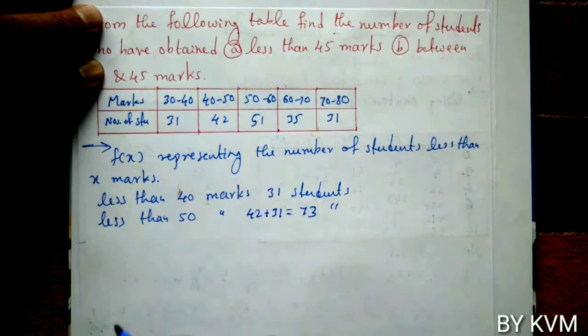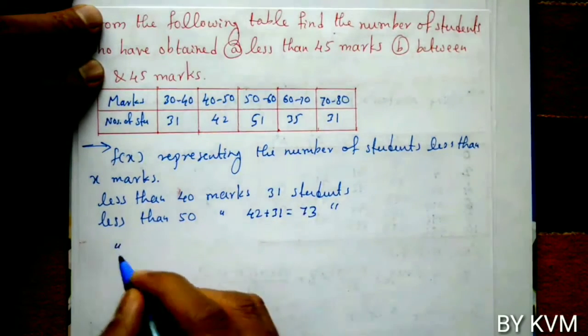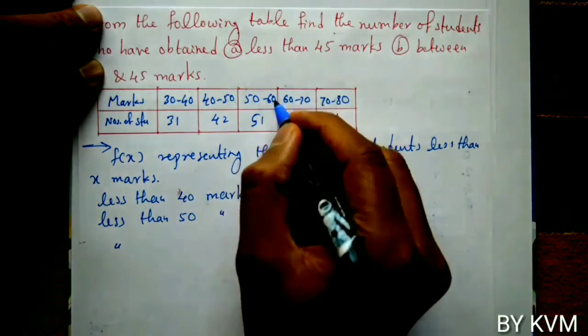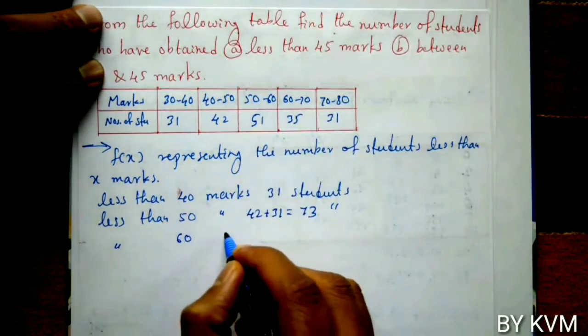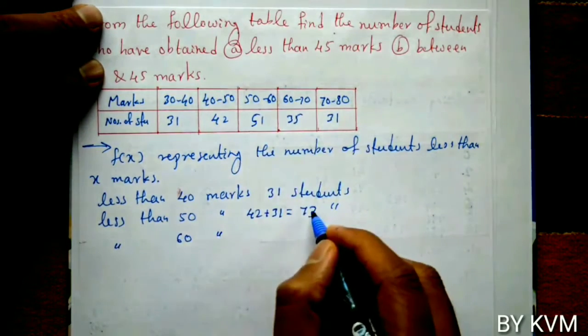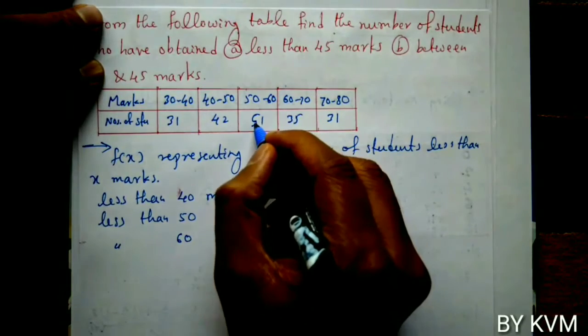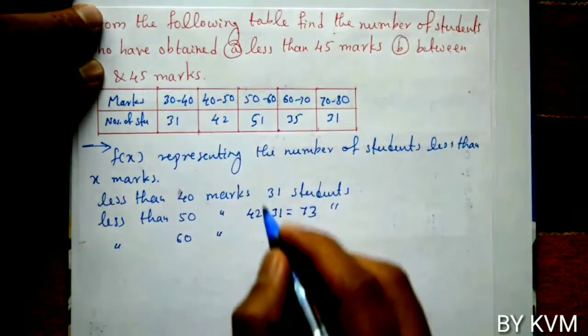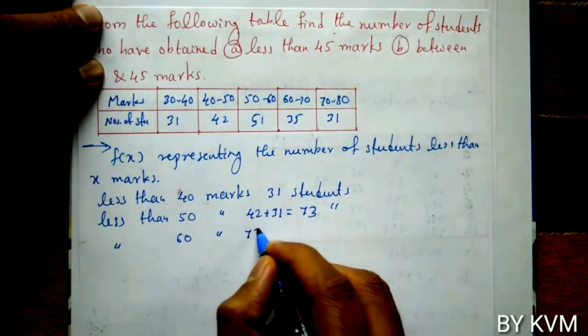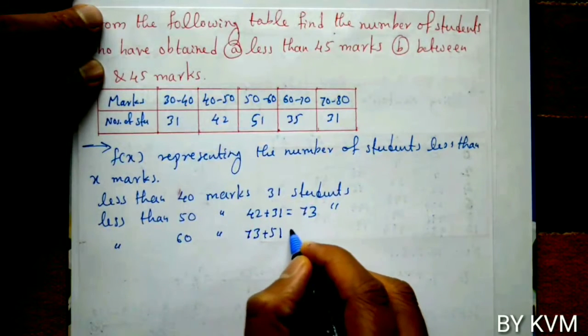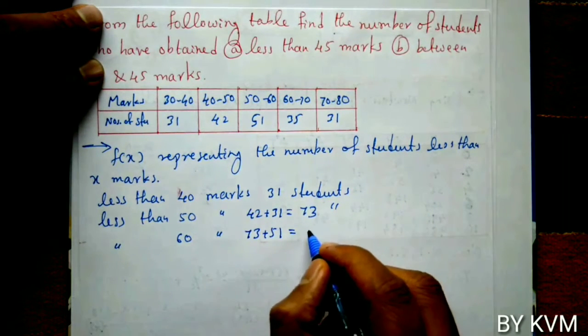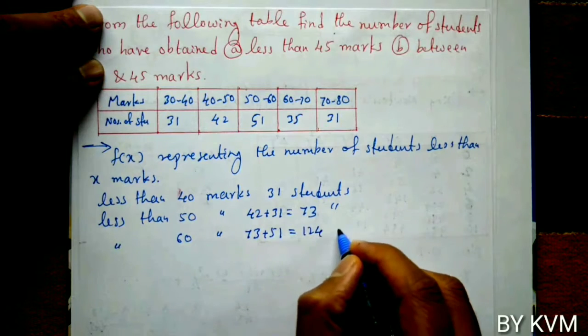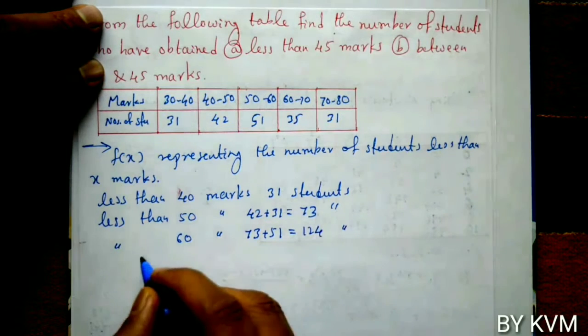So the students who have scored less than 50 marks is 42 plus 31, that is 73. Now similarly, the students who have scored in between 50 and 60 is 51. So students who have scored less than 60 is 73 plus 51, that is 51 plus 42 plus 31, that is 124 students.